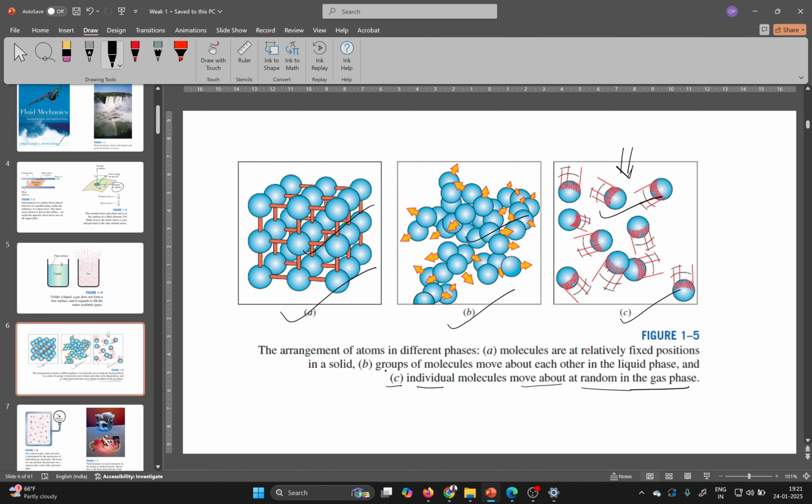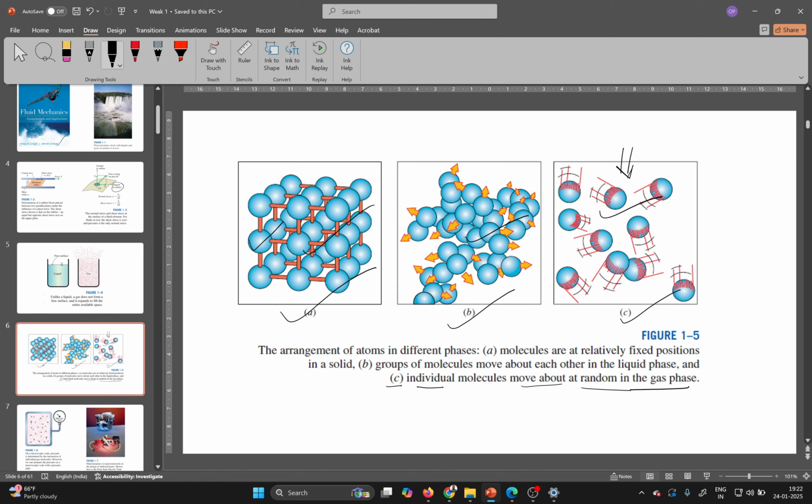In liquid, the groups of molecules move about each other; you can see the direction in the liquid phase. In the solid phase the molecules are at relatively fixed positions.